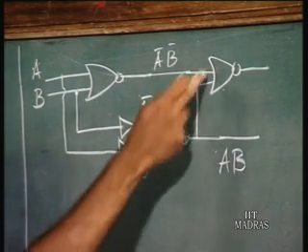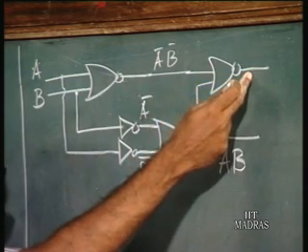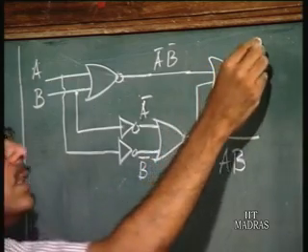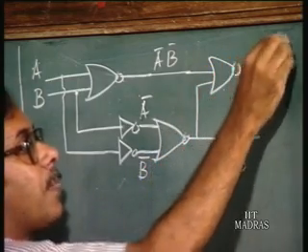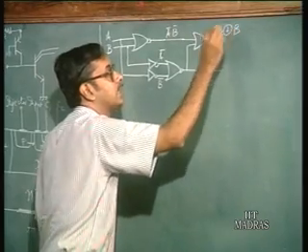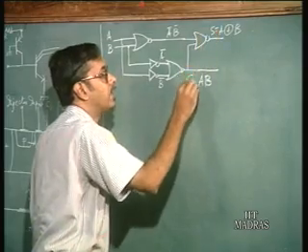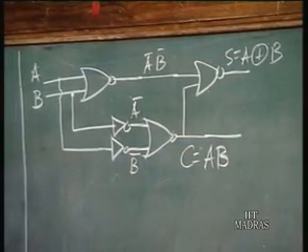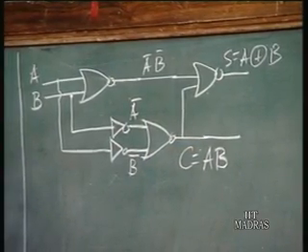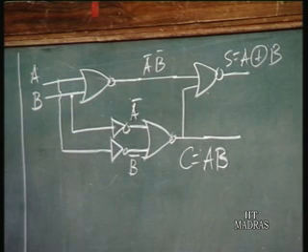So, you get the exclusive OR. So, this is A exclusive OR B. So, this is the sum output and this is the carry output. So, this is the half adder circuit, a famous circuit.